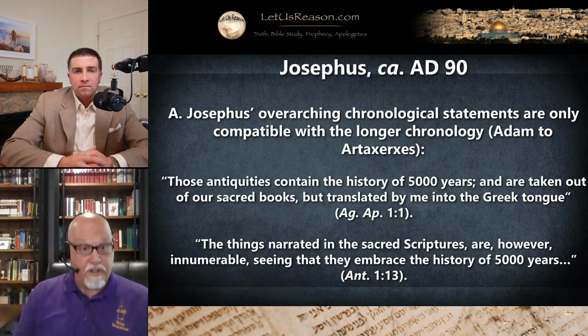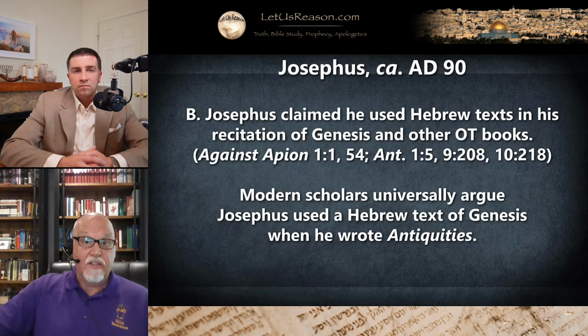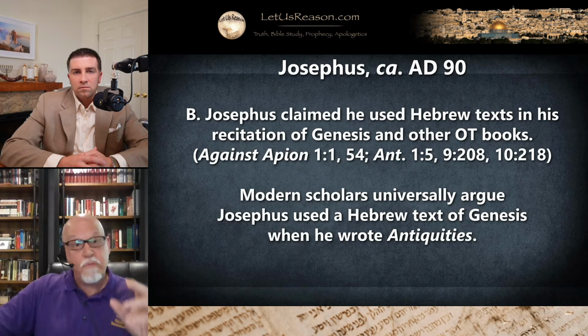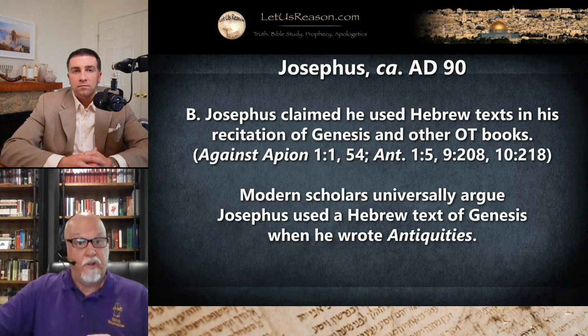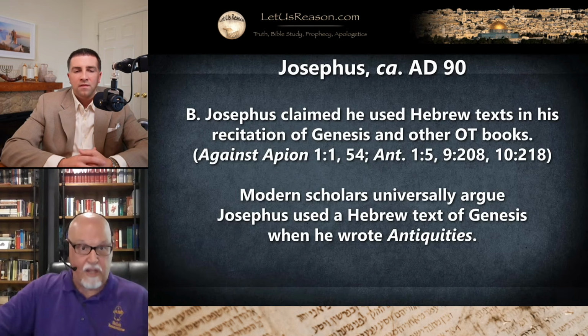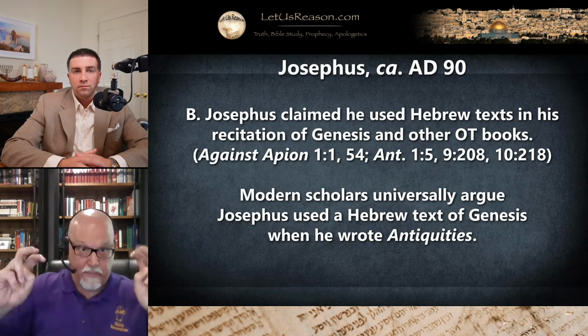So he's got overarching statements, and he also has other statements where he says specifically, I'm using a Hebrew text. And modern scholars who are expert on Josephus, I've consulted numerous modern scholars because I wanted to know, what do the experts on Josephus say about the kind of text that he was using when he sat down at his proverbial desk?